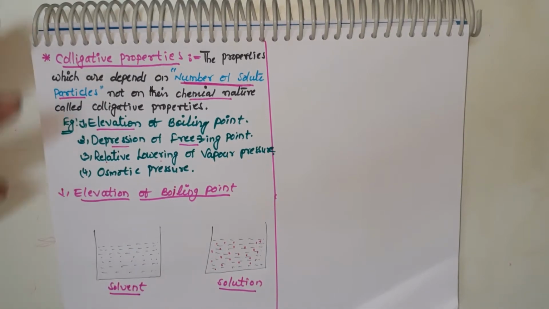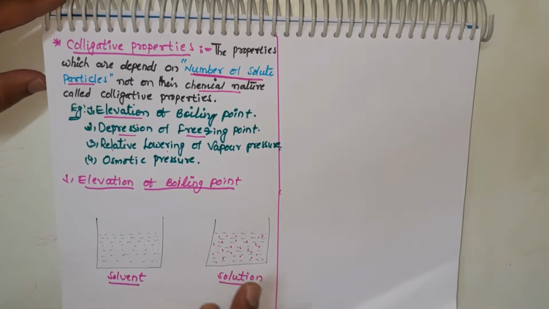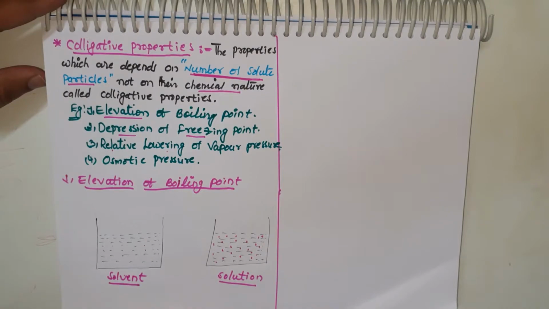Pure solvent means pure water. The other one is, for example, salt water. Here salt is the solute, and that is known as a solution.